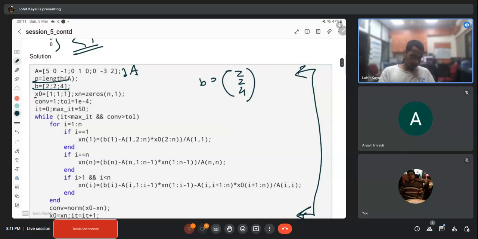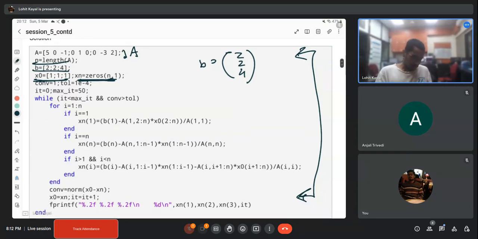Now the initial condition is provided already, 1 1 1, and I have also initiated xn. xn is my new vector. The idea is x naught is the result of my old iteration, and xn is the result of my new iteration. So this is the convergence, and this is the tolerance. You can change your tolerance accordingly.